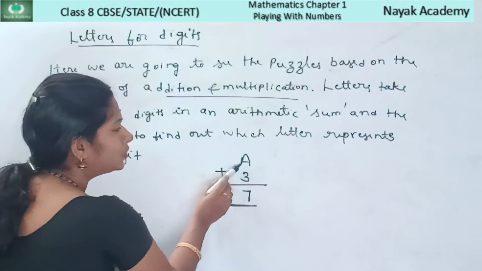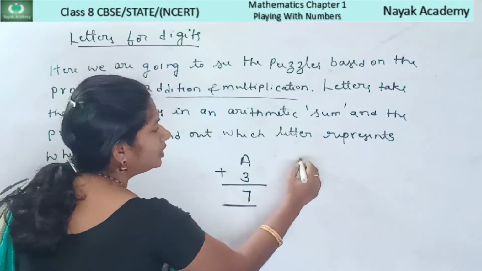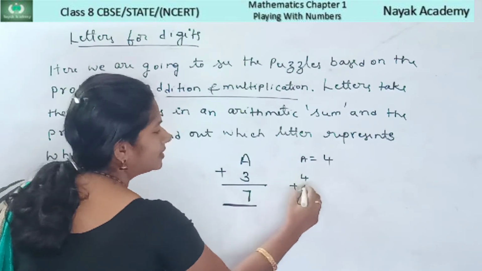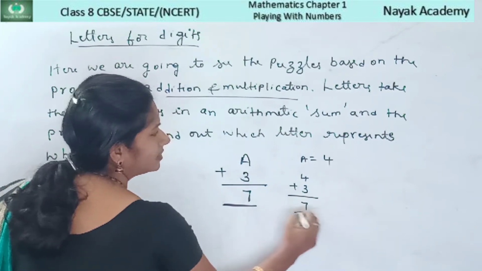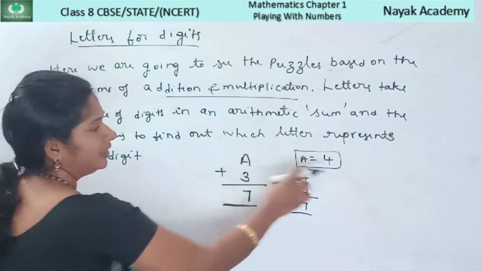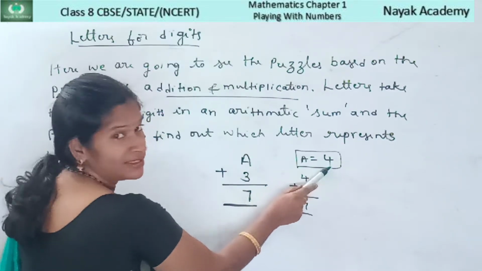You have to substitute one digit for the letter a. Now if I substitute a equal to 4, then I get 4 plus 3, which is 7. So what is the value of a, children? It is 4. So the letter a represents the digit 4.